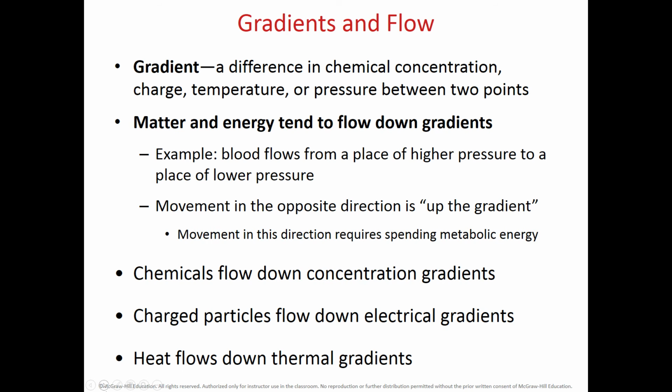But you can have movement of substances or chemicals against their concentration gradient, or in the opposite direction. This is what is known as up gradient. And these movements in the opposite direction help in the flow of molecules, so you can maintain an equilibrium.